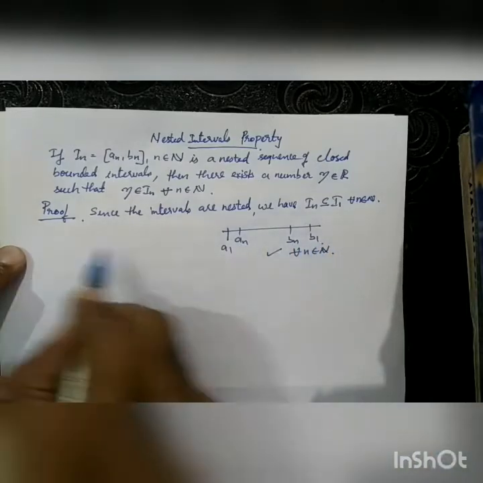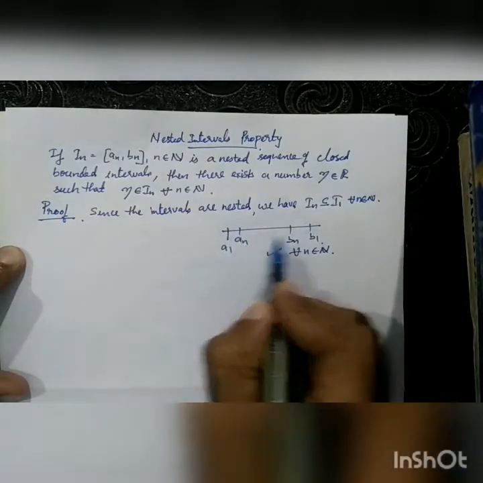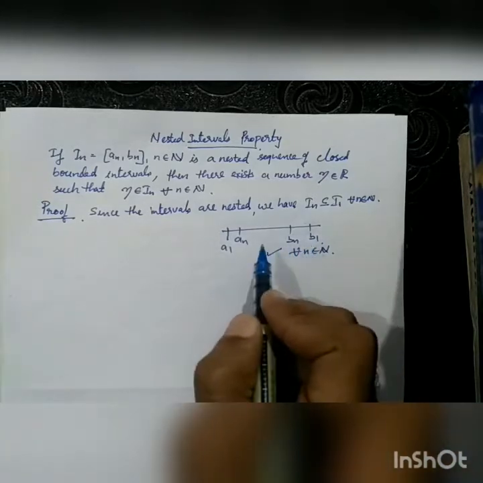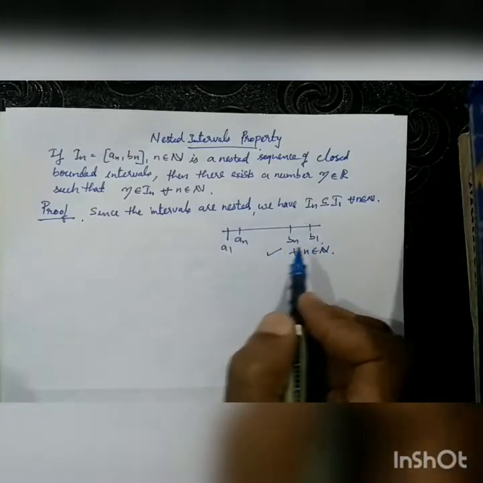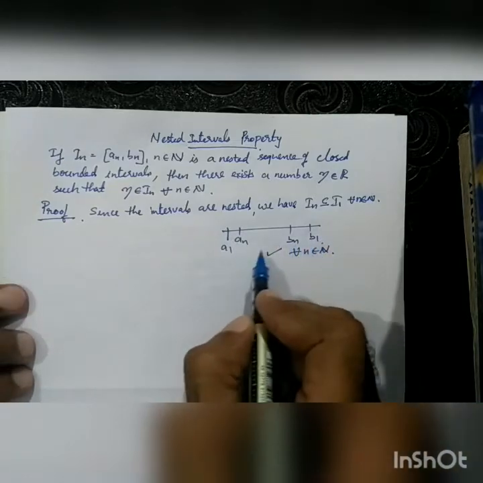Okay. That means, now see, this implies what? a1 is less than b1, a2 is less than b1, a3 is less than b1. So at any cost, b1 will form an upper bound for the set of all an's.